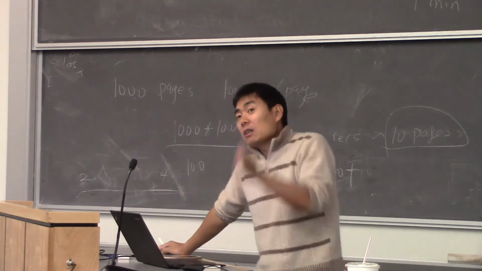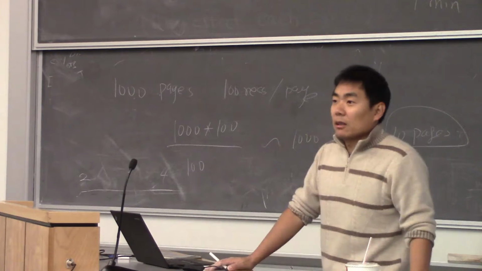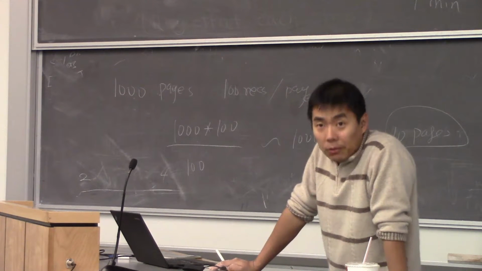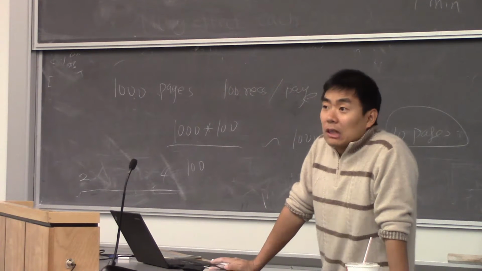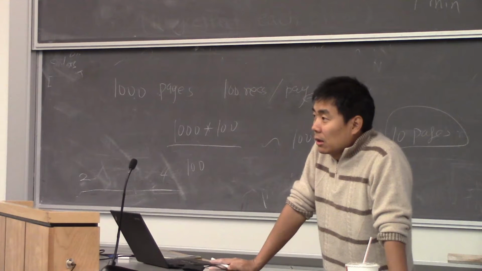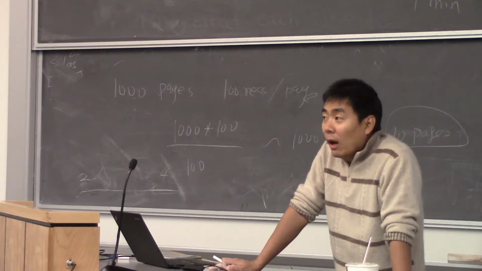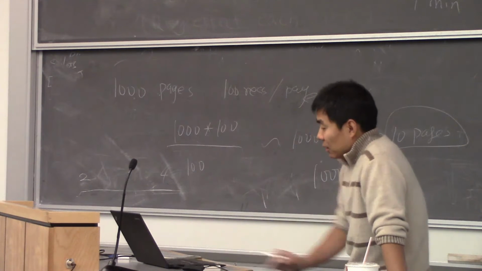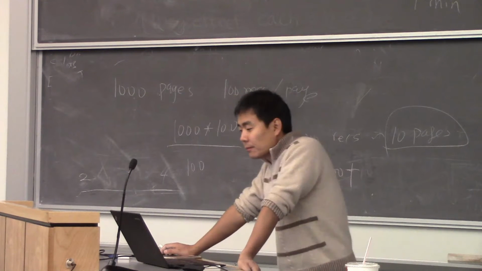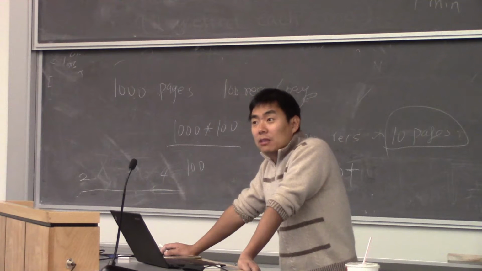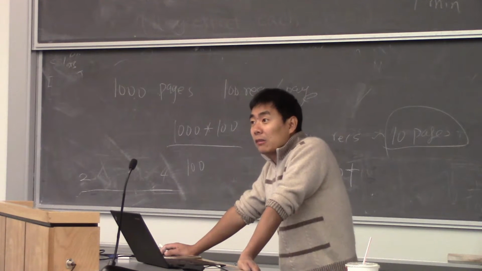Here is another piece of knowledge you can leverage. You are joining the two tables on sailor ID. What does it tell you? Well, sailor ID is the key on sailors, which means you're only going to have one matching record from sailors. And why does that matter? Because now you don't care whether it's clustered or unclustered.